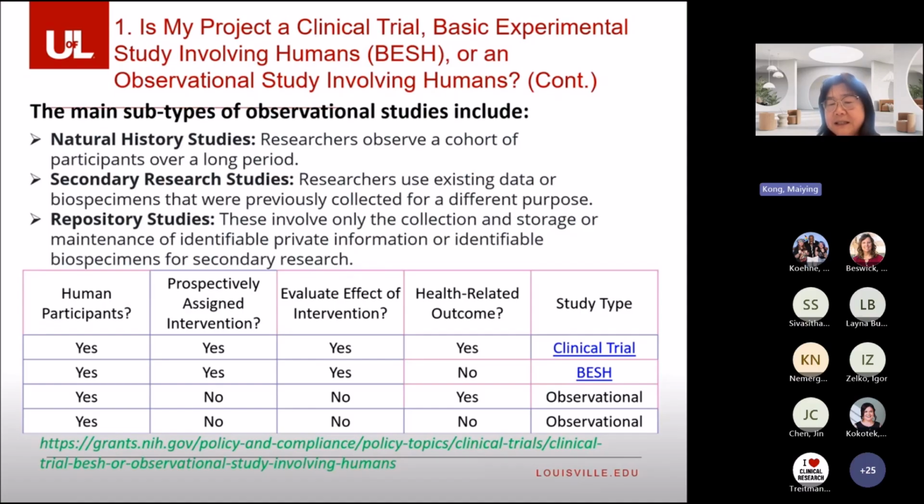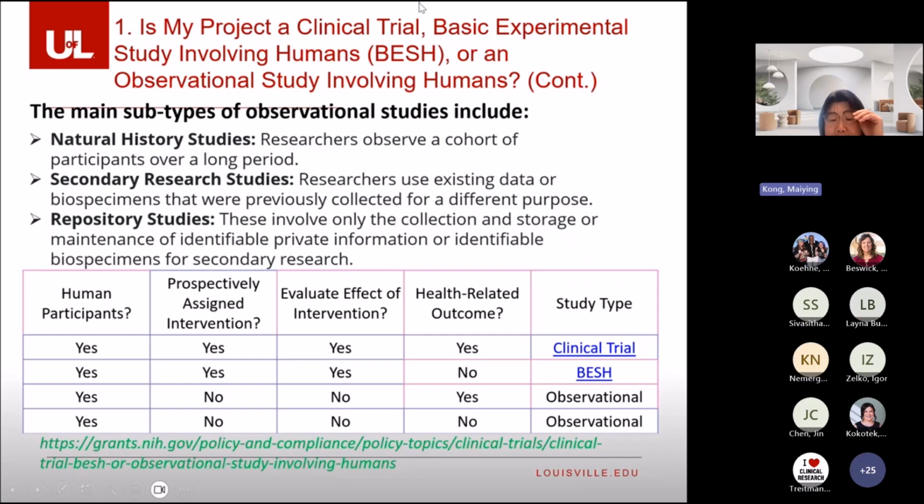For the 3 study types, we can look at this table. These all involve human participants. For observational studies, there may not be a prospectively assigned intervention, but for clinical trials and BESH, there is a prospectively assigned intervention, and they also evaluate the effect of the intervention.